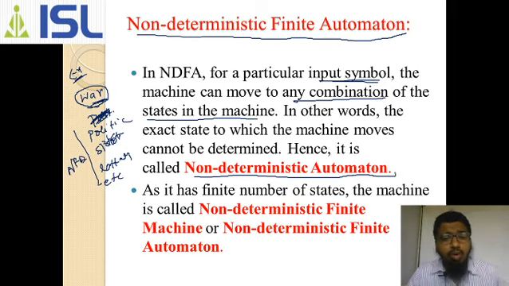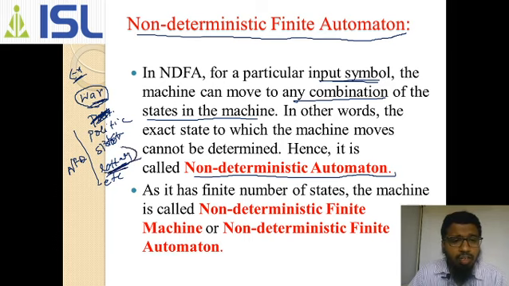NFA. So here, for a particular input symbol the machine can move to any combination of the states in the machine. Take the lottery example. Here it will take one input and it will search all the combinations and we will get the result, and the result is not deterministic.